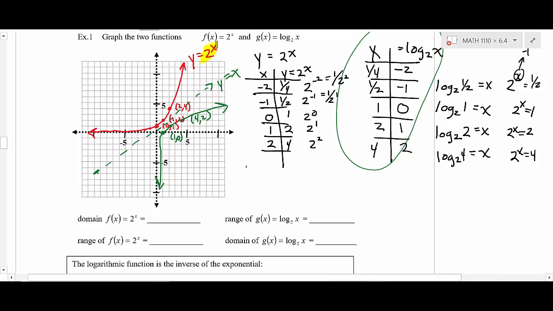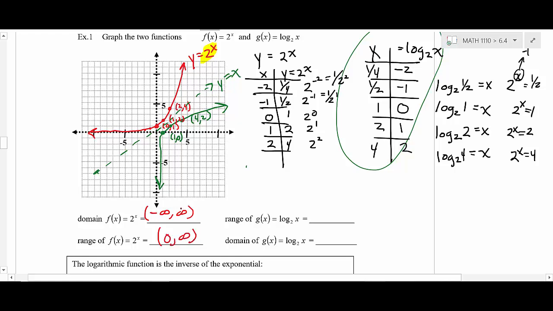Because your exponent can be any number. So the domain is going to be all real numbers. Okay, now the range on the red function. What's the range? What can y be? It's got to be 0 to infinity. It's got to be positive numbers. Okay, so we have that.